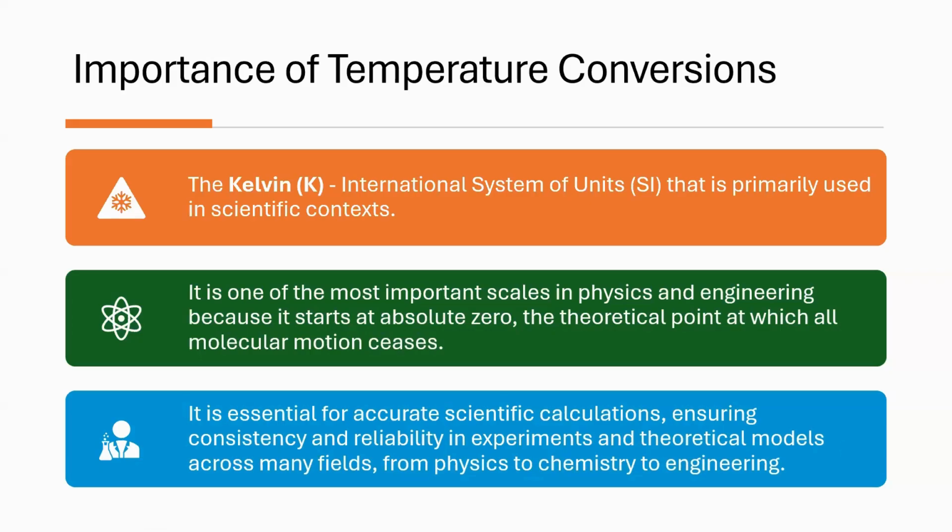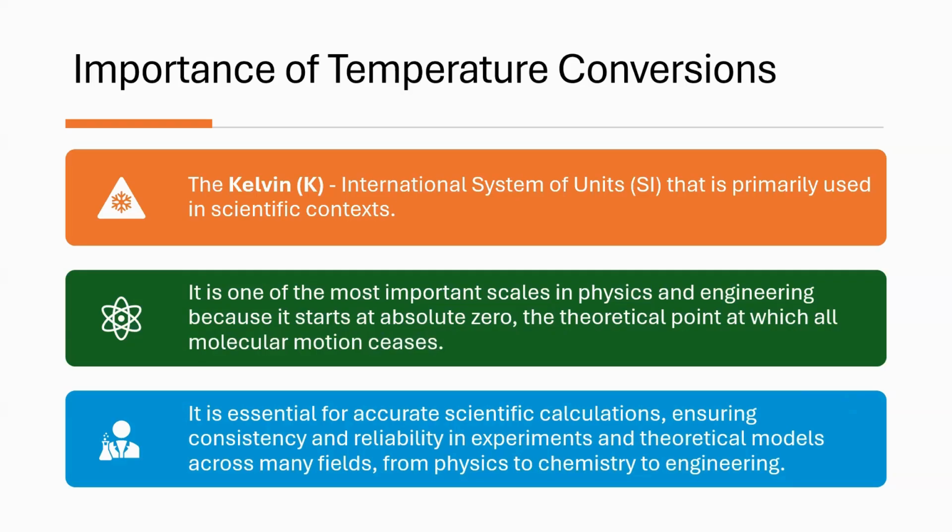So, going between different temperature units is so crucial, especially when it comes to scientific contexts. I'm sure that you are all aware of Fahrenheit and Celsius, which are the two famous ones, but the new unit of temperature that we're going to learn here in this video is Kelvin, which is part of the International System of Units that's primarily used in scientific contexts.